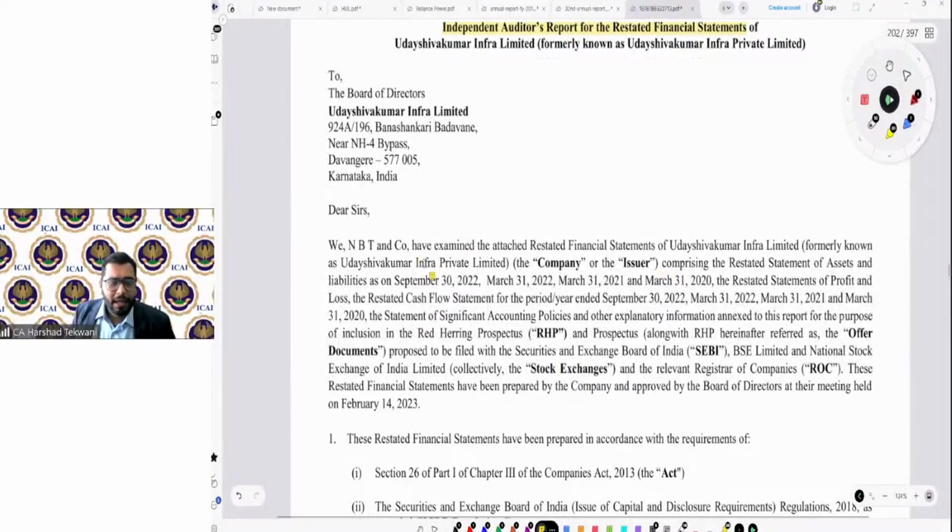Here it is written that the auditor has examined the attached restated financial statement, comprising the restatement of assets and liabilities as on this date, this date, this date, and this date. There are multiple periods covered, even for the restated cash flow and restated profit and loss account. Not only one period, but multiple periods are covered, and they have been given for comparison purposes.